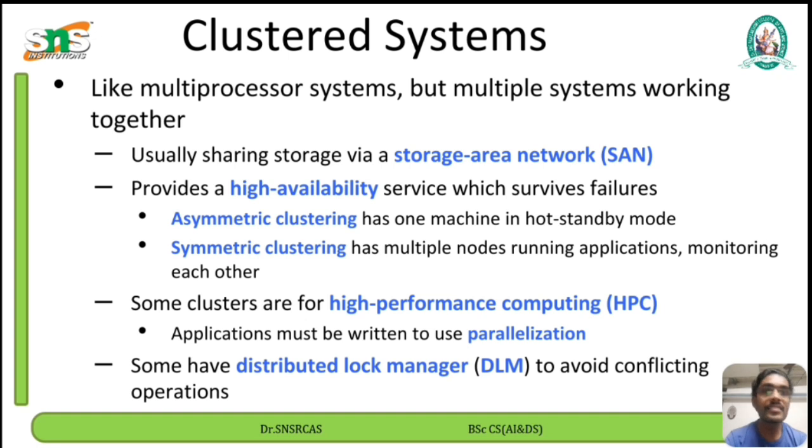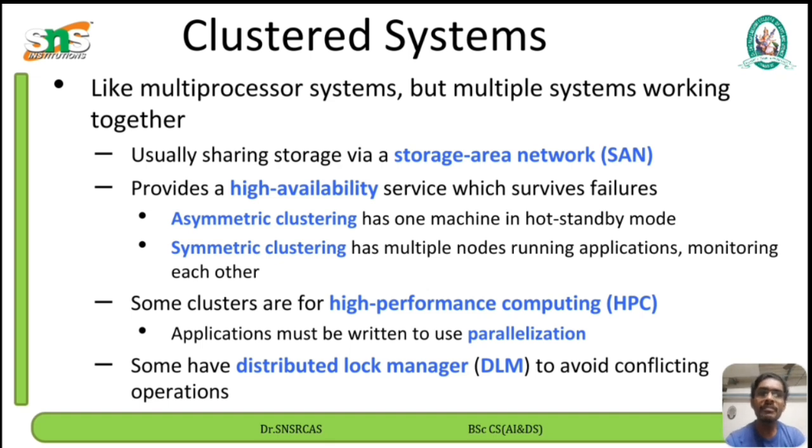And the clustered system is another concept that comes under multiprocessor systems, but with multiple systems working together. This differs from the previous two scenarios. Usually they share storage via a storage area network, which means there is a common memory space, and that storage is shared across different computer systems.